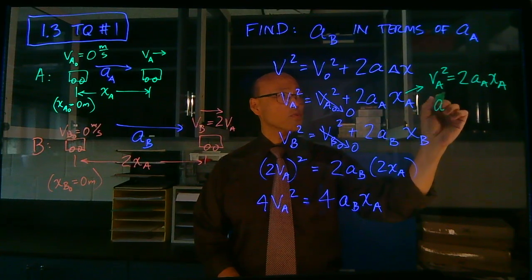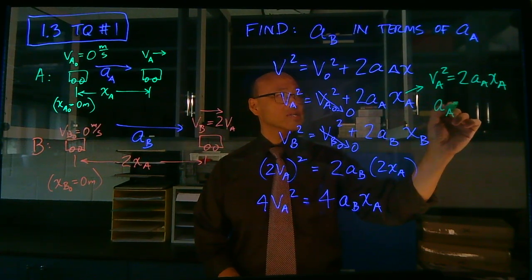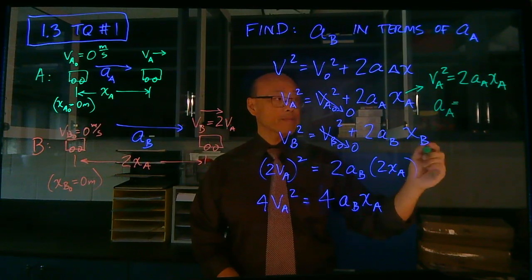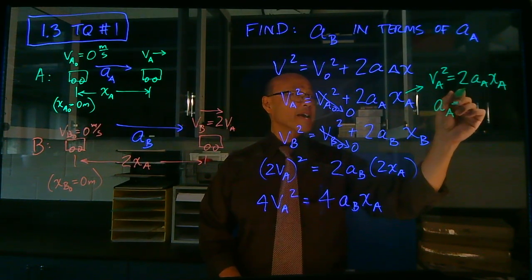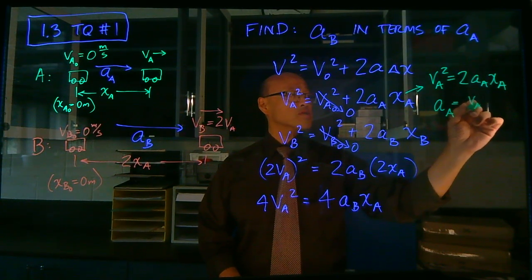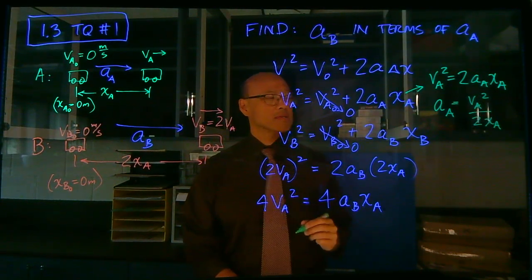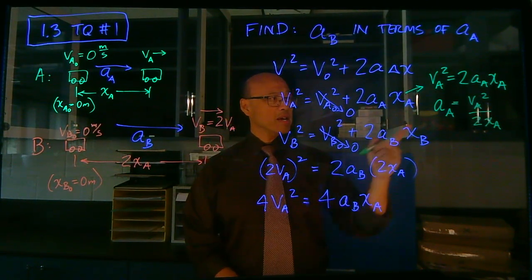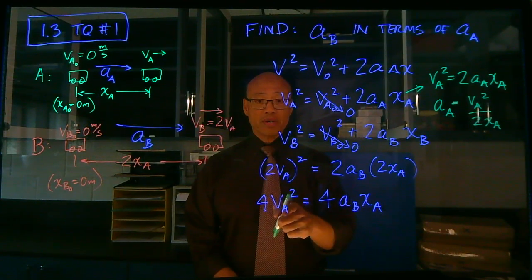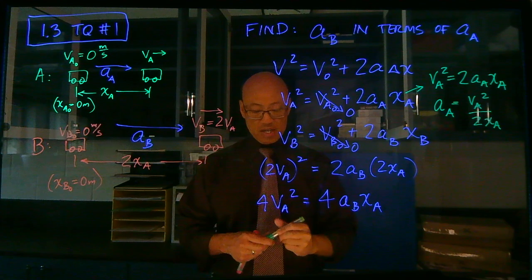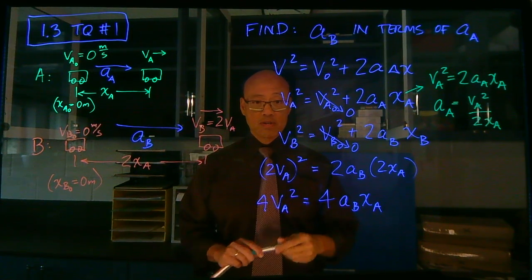So I'm going to write AA out all by itself to help my brain recognize what AA looks like. Maybe that'll help. AA looks like VA squared all over 2XA. All right, do I have VA squareds? Oh, I've got VA squared here.